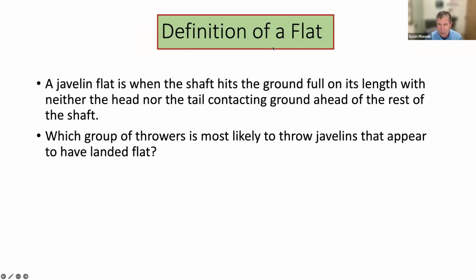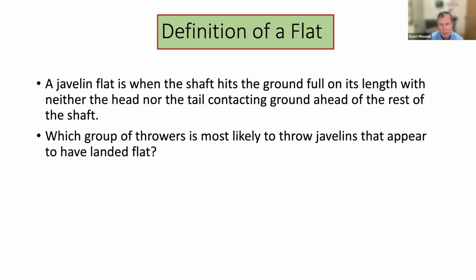Okay, so definition of a flat. I don't think you're going to find too much argument with this. We know that flat means flat, that the entire shaft of the javelin has to hit the surface of the ground simultaneously, the entire surface of the javelin.